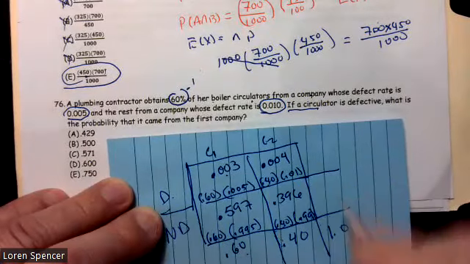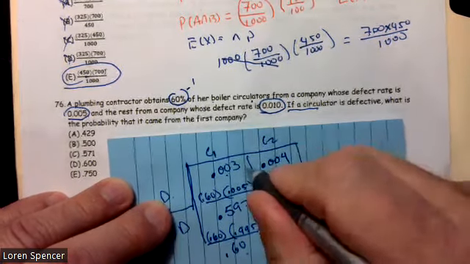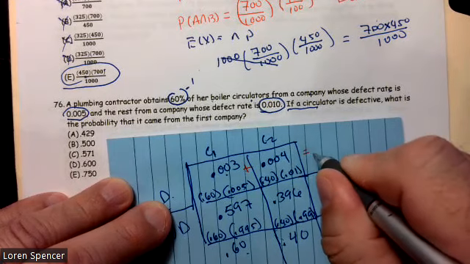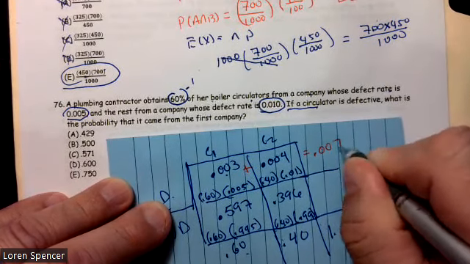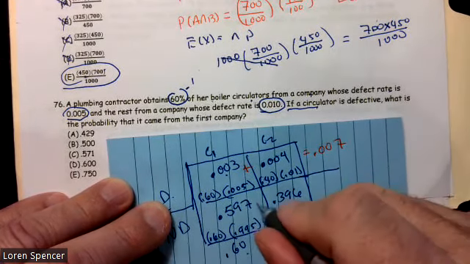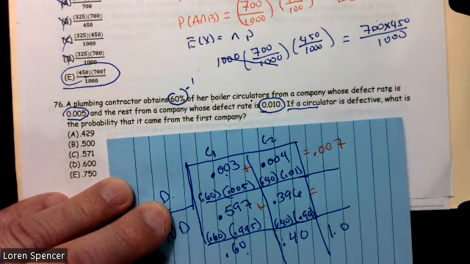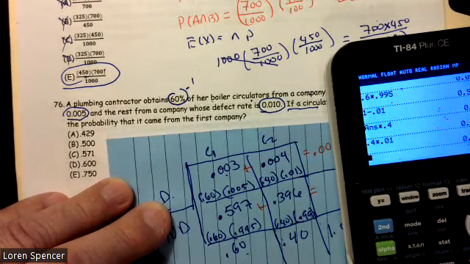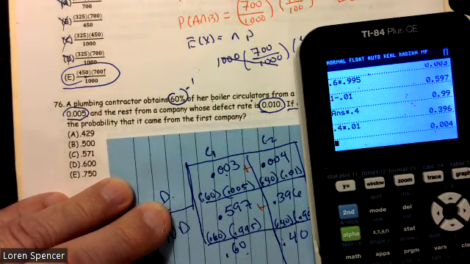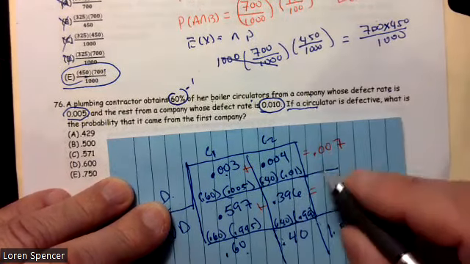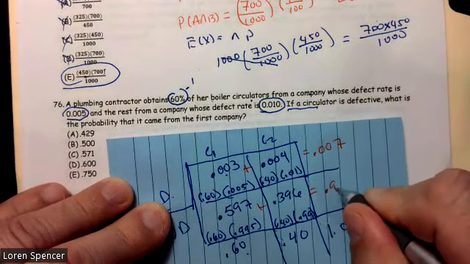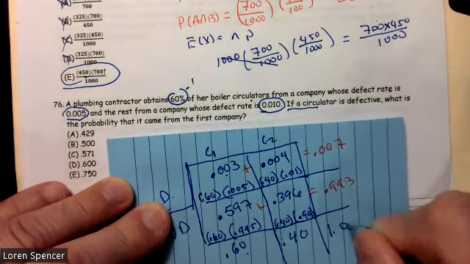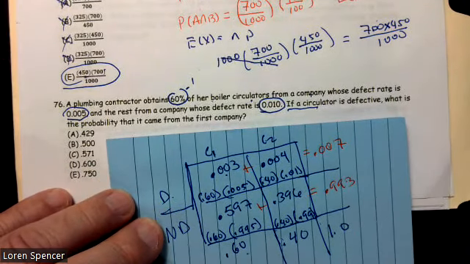I add these two values up because this plus this equals 0.007. And this plus this equals, better be 0.993. So 0.597 plus 0.396, 0.993. And I just checked, and this plus this equals that. So my table looks like I made it right.